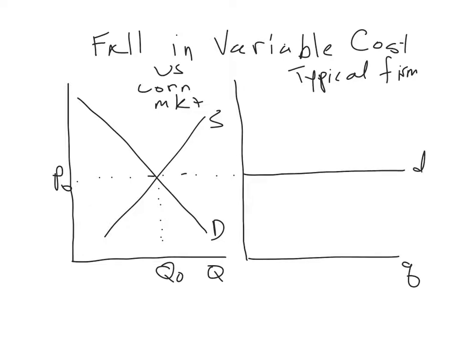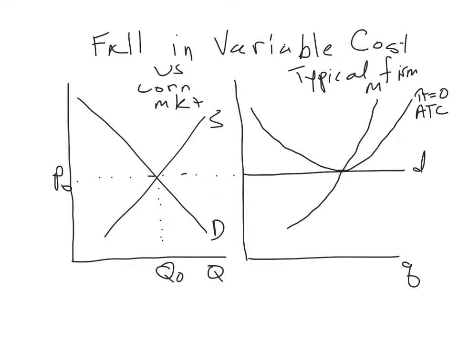All right, so there's this initial demand curve, and we're going to just start by analyzing a case where the firm and the market are at a long-run equilibrium, and that's just so we could focus in on the effects of this event and this event alone. So you've got your marginal costs. Marginal costs are just the change in variable costs as output goes up by 1 unit, and average costs include both fixed costs and variable costs.